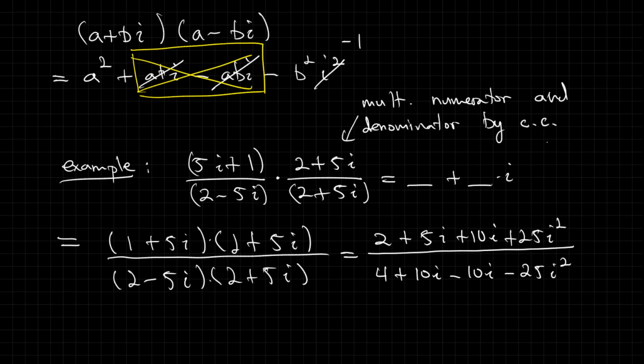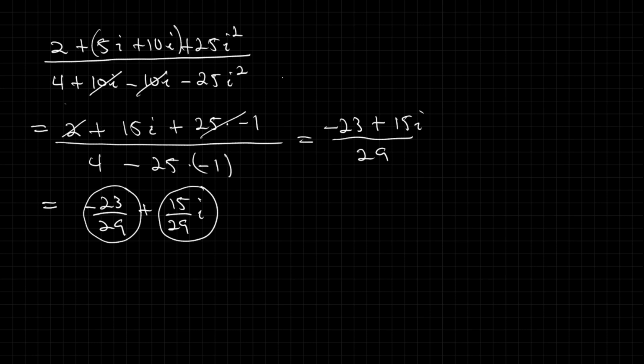And then after that, there's a bunch of simplification to do. You have two multiplications, one in the numerator, one in the denominator. You have some simplifications of the i squareds, turning those into negative 1s, and combining the complex numbers that are in the numerator and the denominator.